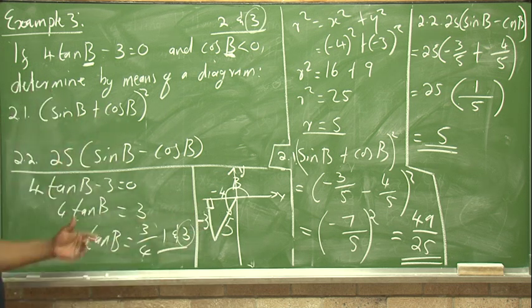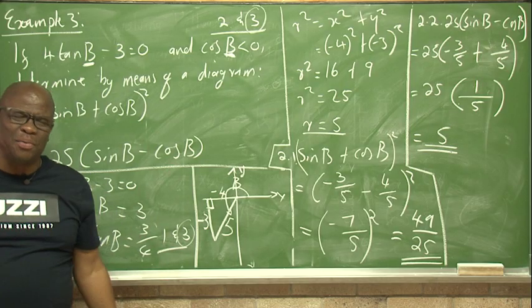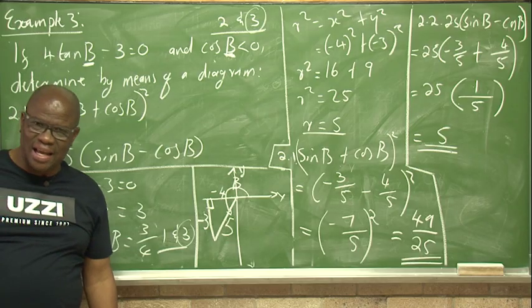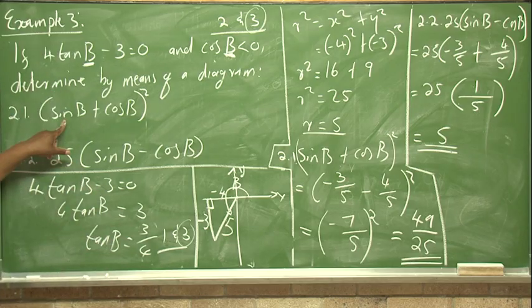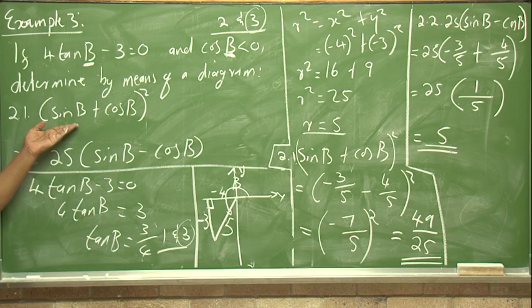So these definitions are only applicable in a right-angled triangle, because a right-angled triangle is the only triangle that has got a 90-degree angle. So we need to know the definitions. Once you know the definitions properly, everything else becomes easy. Know the definitions of the trig ratios and know the CAST diagram.